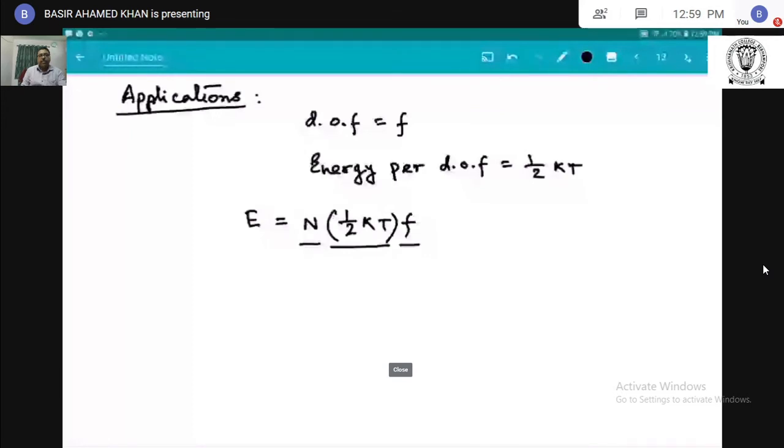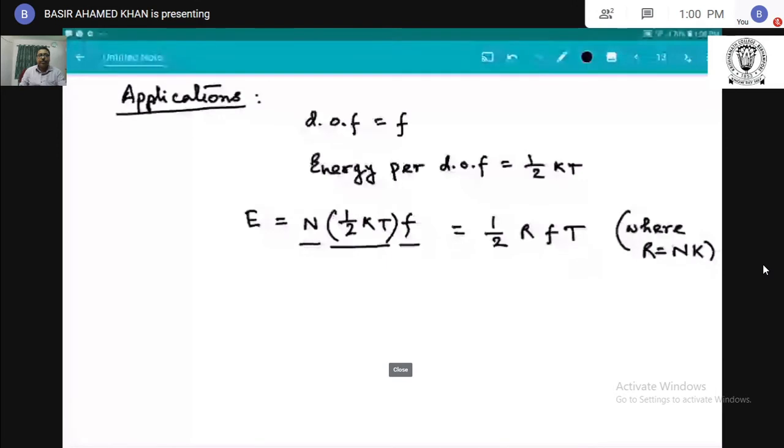So it has f degrees of freedom, that means f into half kT, and n number of moles, that means it becomes half kT into f into n, which becomes half R f T, where R equal to n into k.